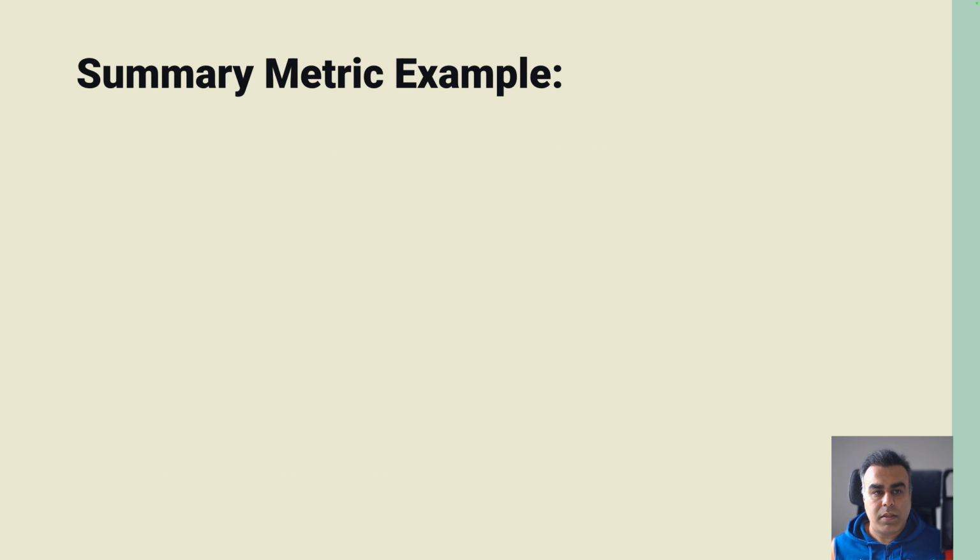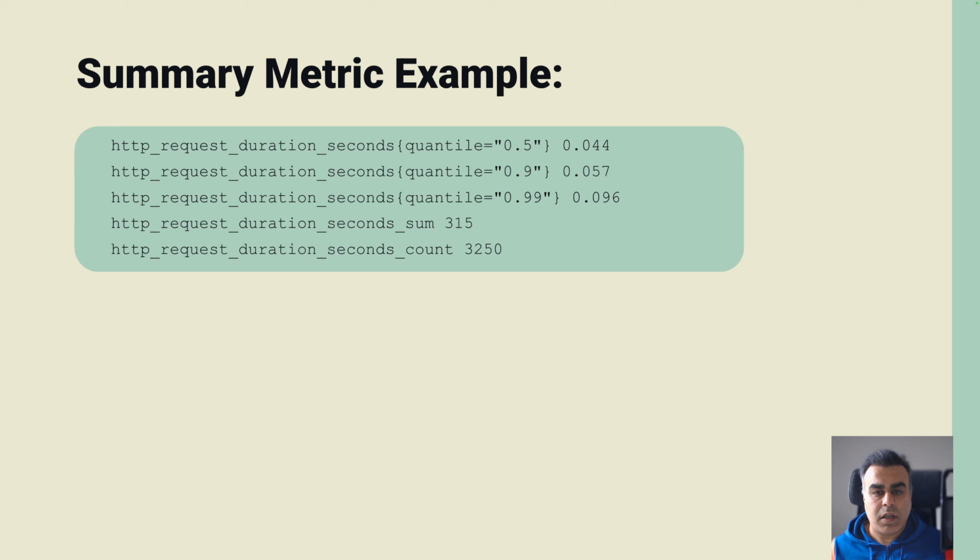And there are some examples for such metrics. For instance, if an exporter application exposes the metric for Prometheus, it can be something like this. As we mentioned, the summary metric has 3 parts.